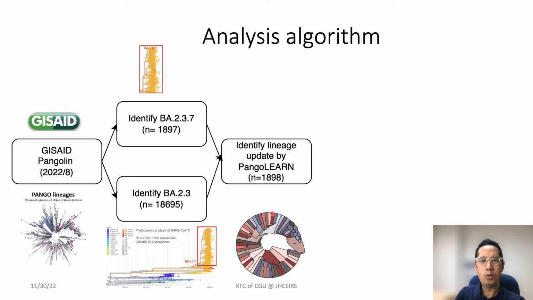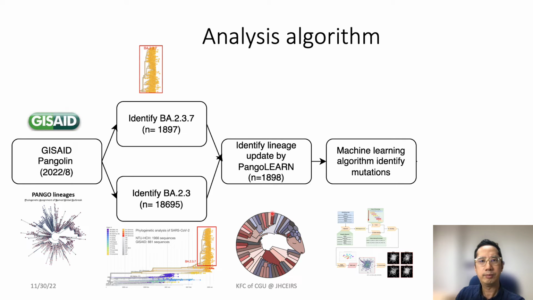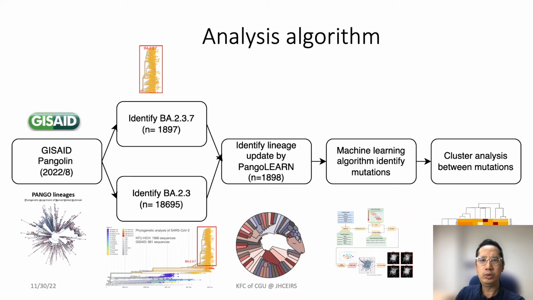In other words, why the PangoLEARN system failed to identify them before the outbreak. We then use a machine learning algorithm to identify important mutations. Lastly, we use the cluster system to understand the interaction between the mutations.